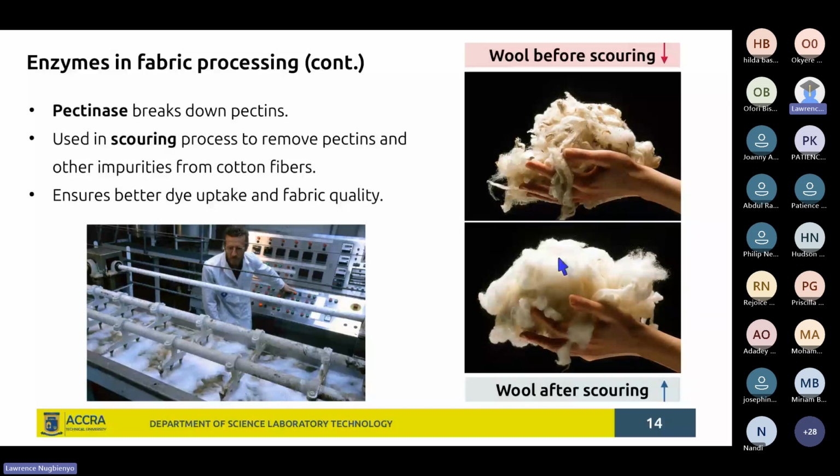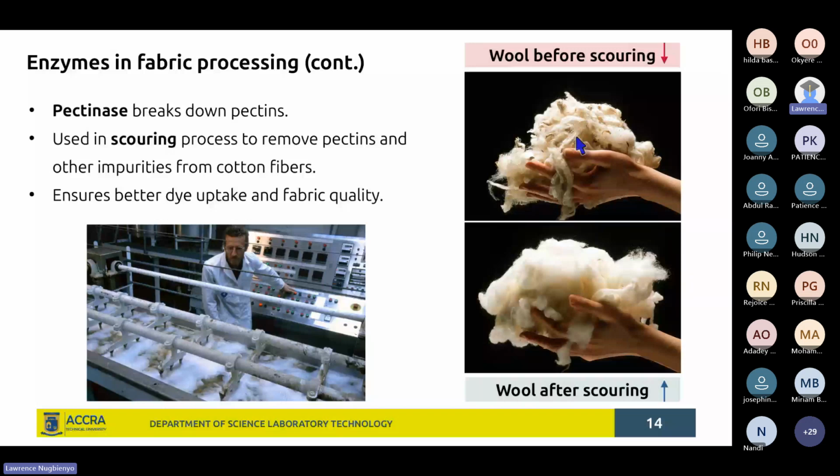A lot of the dirt has been removed from it, and such dirt is coming from pectins. There are some polysaccharides which form like dirt. There are impurities which you find also in cotton fibers.